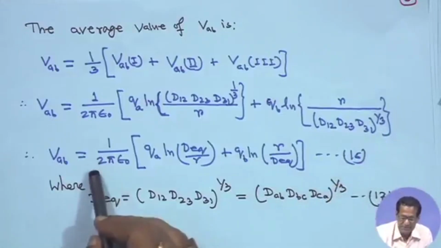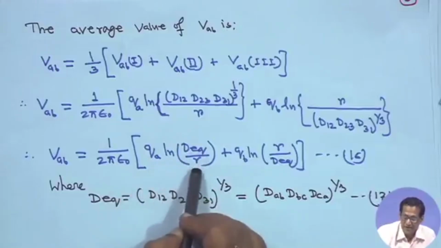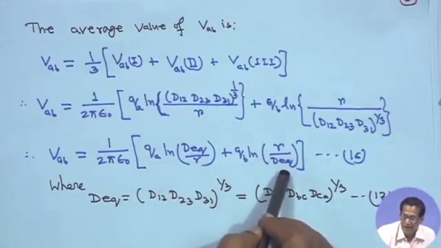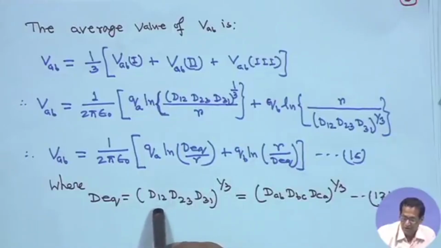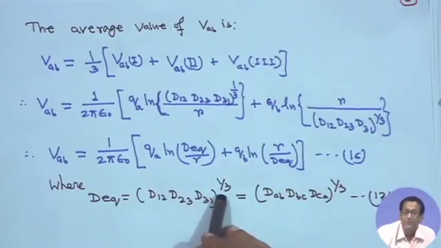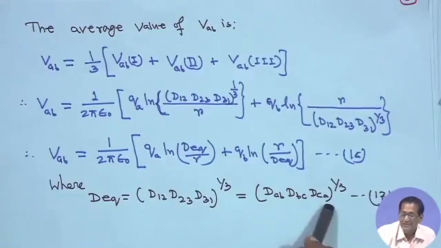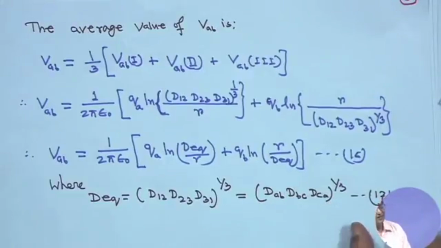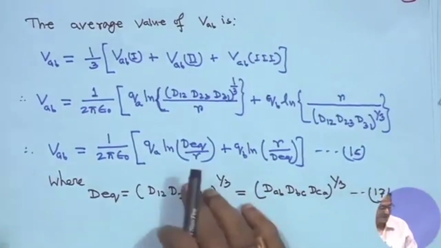Therefore, V_AB is equal to 1 upon 2 pi epsilon 0, q_A ln d_eq upon r plus q_B ln r upon d_eq, where d_eq is equal to (d12 d23 d31) to the power 1/3, that is cube root, which I am writing here as capital (D_AB D_BC D_CA) to the power 1/3. This is equation 17, right. So, this is the average value of V_AB, right.